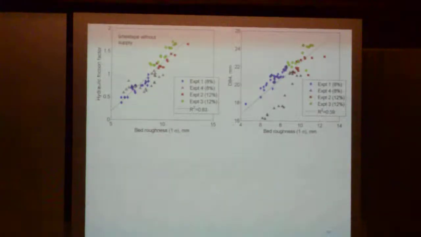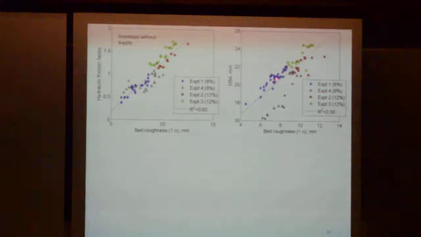Now, for steep mountain streams, very oftentimes it's the D84 that's used as a representative measure of the grain size for understanding roughness. Here the correlation between D84 and bed roughness is not as good, or it's still correlated, R squared of 0.59.